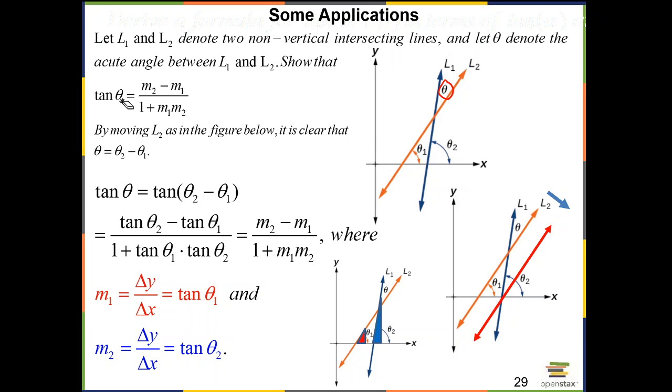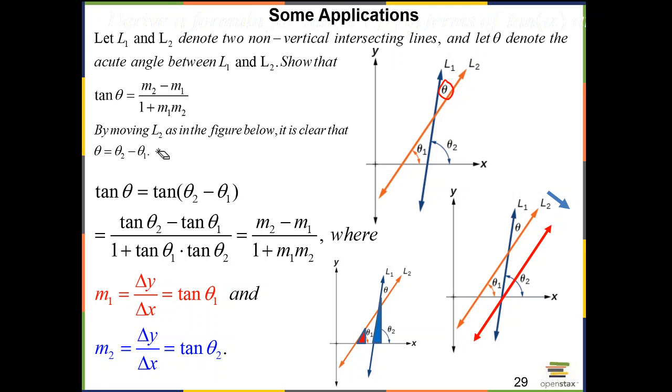That means you can find the angle between two lines if you have their slopes, which is a pretty good formula to have. If you want to find the angle of two lines intersecting, this is how you can find it. Tangent of that angle is basically the slope of one of them minus the other one over 1 plus the product of their slopes.